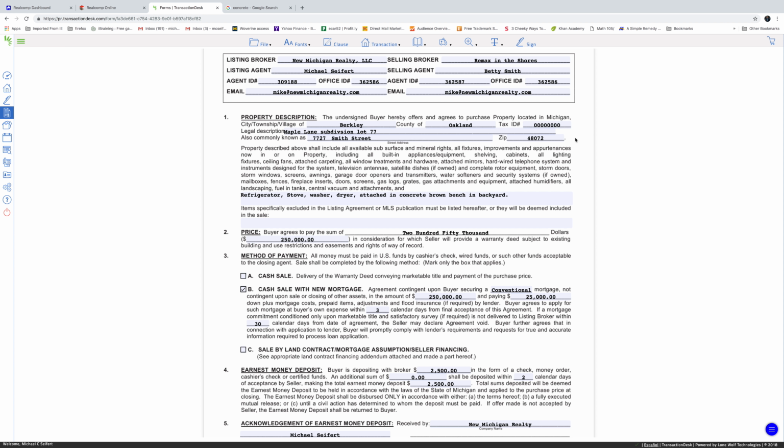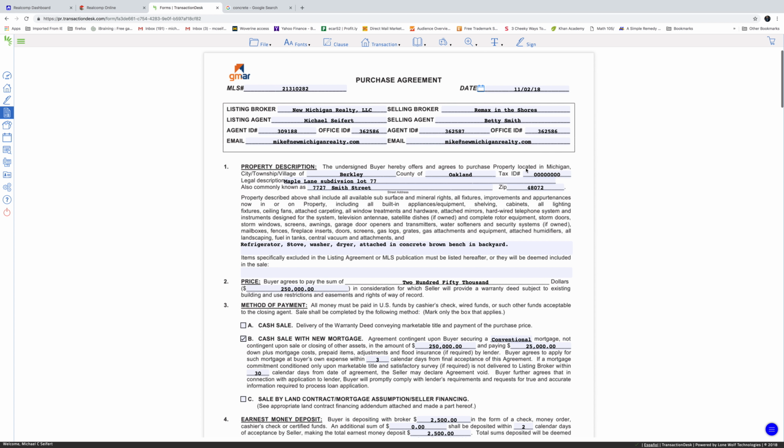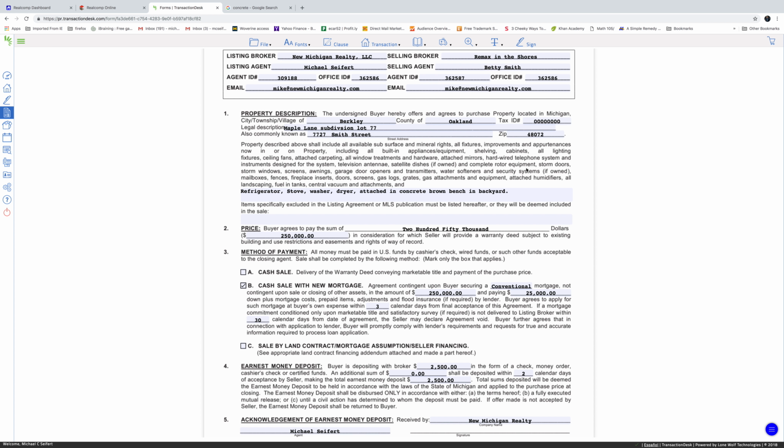So it's very important to have the correct ID number. Now, if you're an agent and you're under RealComp, there's a thing called Transaction Desk that will automatically populate this information for you. But for the individual investor, you want to make sure that you have this tax ID number correct, along with the legal description. Maple Lane Subdivision, Lot 77, for example.